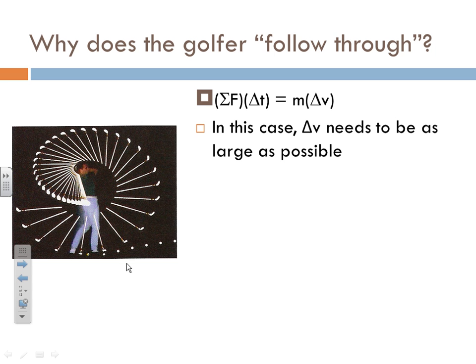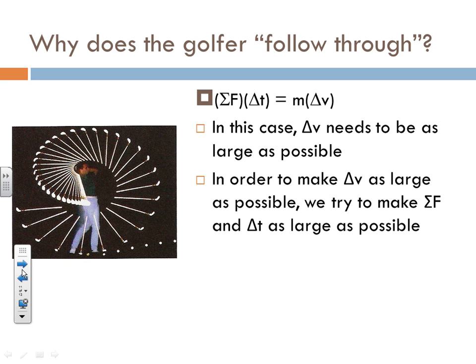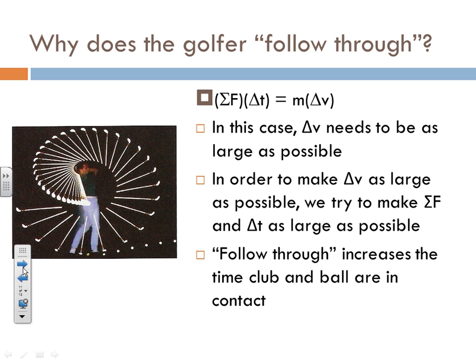So following through, we try to make sigma F and delta t as large as possible. Following through allows the golf ball and club to remain in contact for a longer time than they would otherwise.